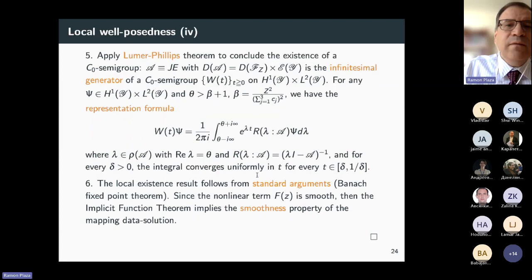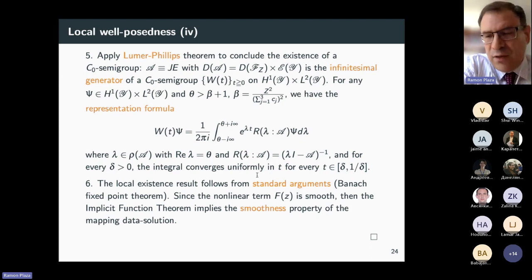Then you have an explicit formula for the semigroup, and from standard arguments, Banach's fixed point theorem, essentially, you can prove that there exists a local solution. The implicit function theorem, thanks to the smoothness of the nonlinear term f, implies a smoothness property of the mapping data-solution, so that the map that goes from the initial data to the solution is at least of class C2.